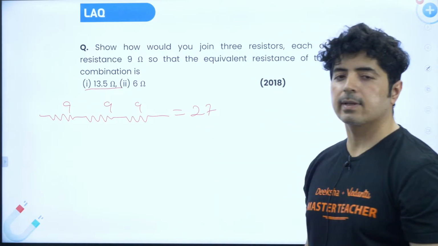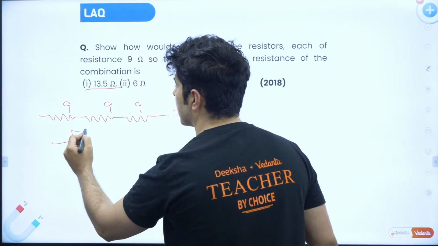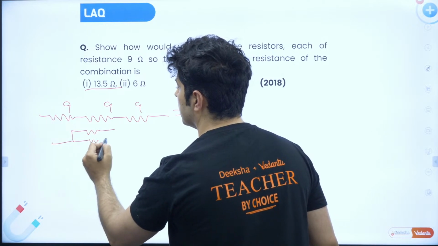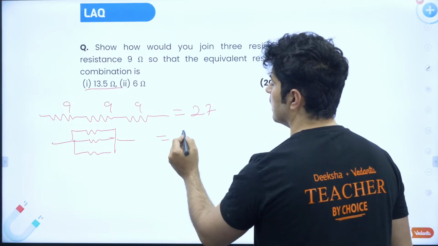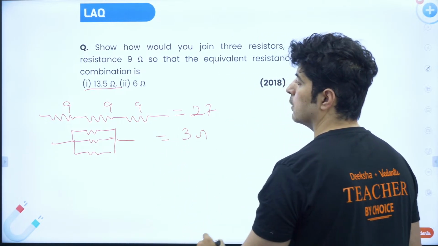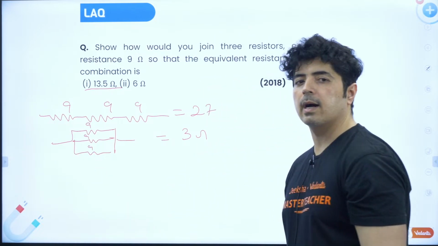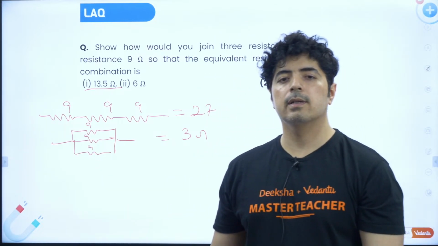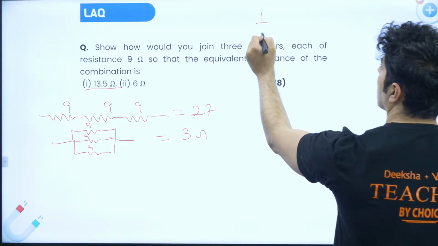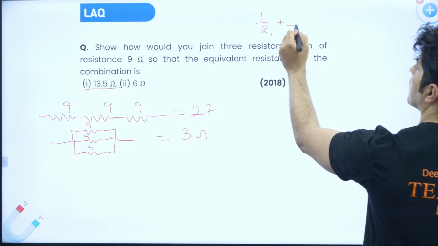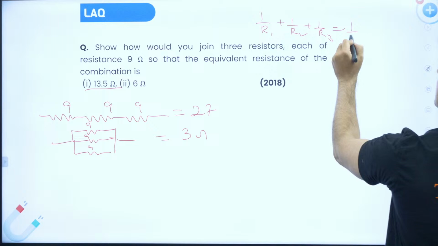The answer is 27. If we keep all 3 in parallel, what will be our resistance? It will be 9 by 3, that's going to be 3 ohm. You can calculate that: 1 by R1 plus 1 by R2 plus 1 by R3 is equal to 1 by R equivalent.